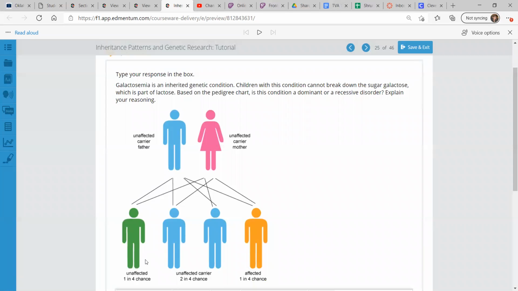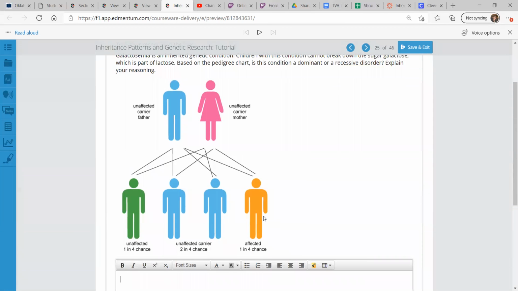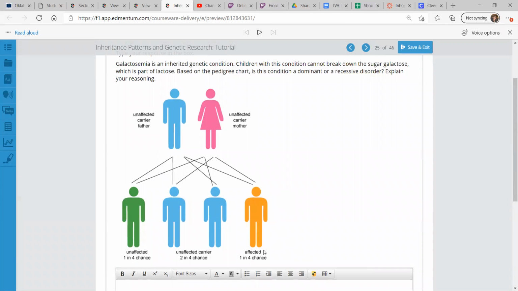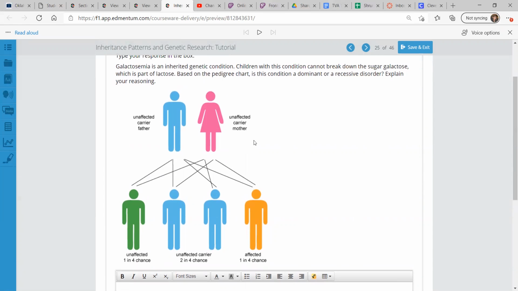One child is unaffected. 2 are carriers, but unaffected. And then 1 is affected. So there's a 1 in 4 chance of being affected by galactosemia.